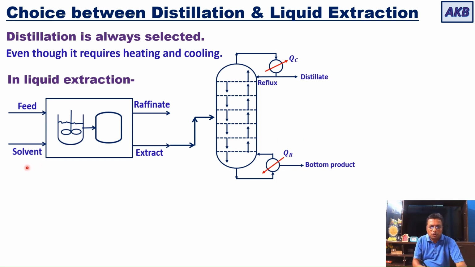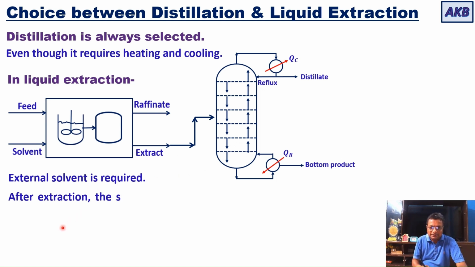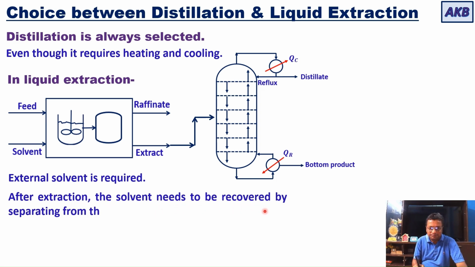So you have cost of solvent, and then we also have to use distillation, or we need to use some separation method to get solute out of this extract phase, and the most popular separation method is distillation. Okay, so that's why in extraction we need external solvent, and after extraction the solvent needs to be recovered.